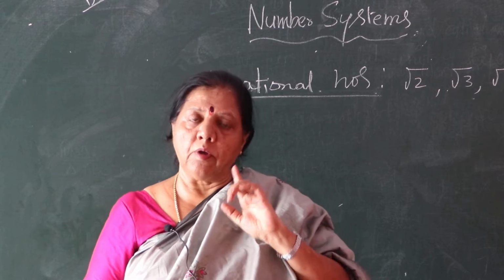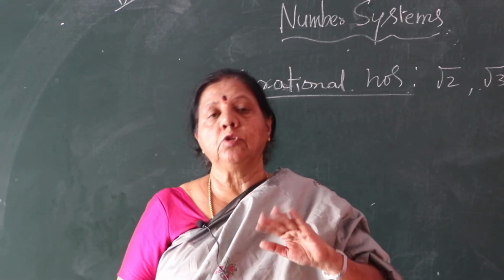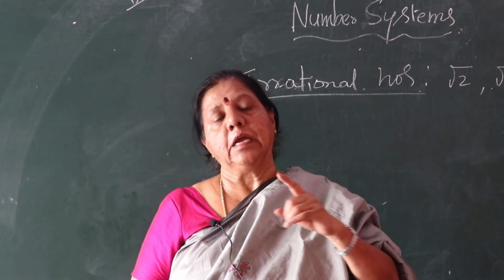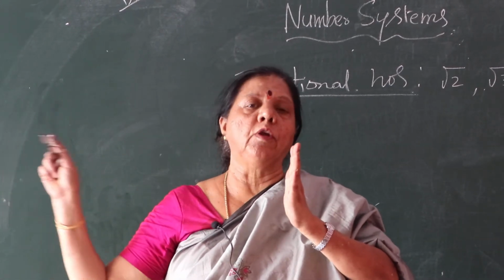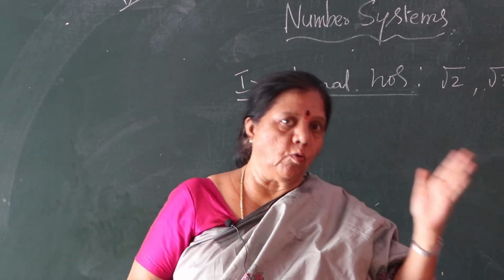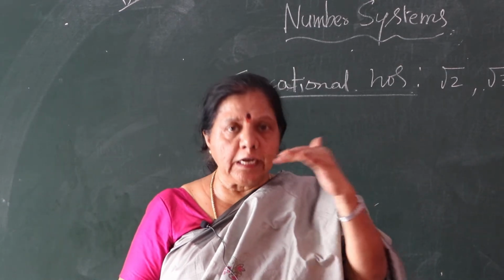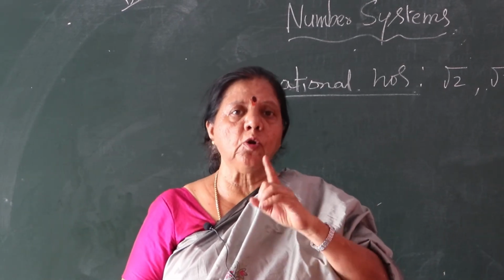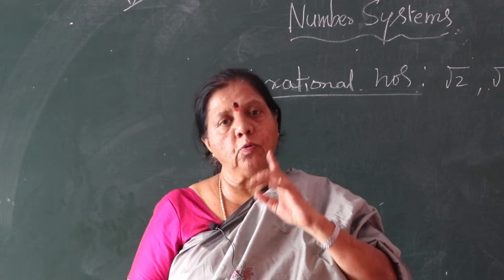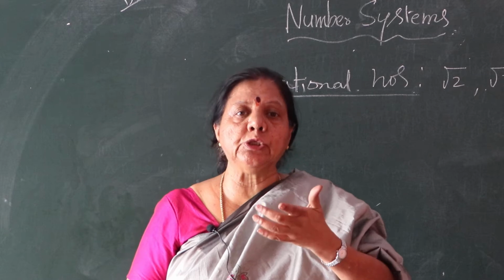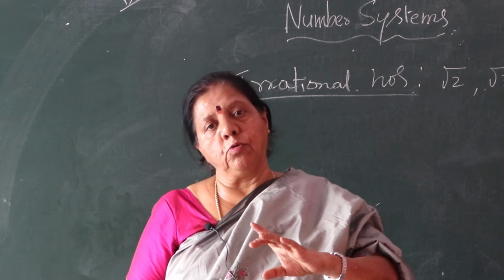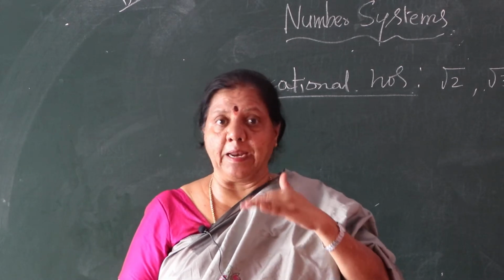You already know you have studied about the number line. There we are representing integers. 0, and on the right side we go positive, on the left side we go negative. On that number line we are supposed to locate root 2, root 3, root 4, root 5, etc. Now I will teach you root 2 and root 3 on the number line separately.